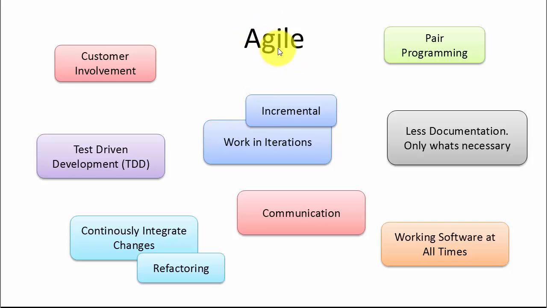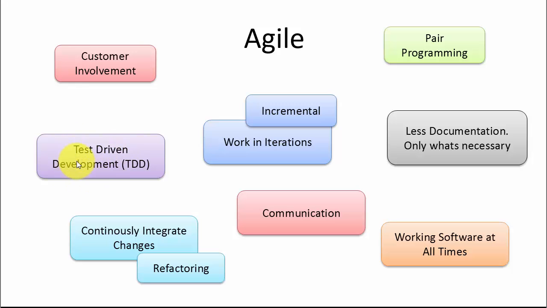So in Agile software development, you typically involve the customer much more than in these traditional plan-driven methods like the waterfall. Also, testing is in high focus in Agile development.